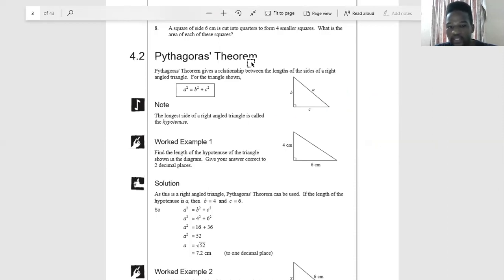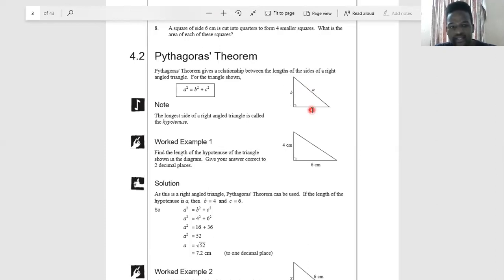And then, what is the Pythagoras Theorem saying? It says that if we square the hypotenuse side, the answer that we get will be equal to this squared plus this squared.